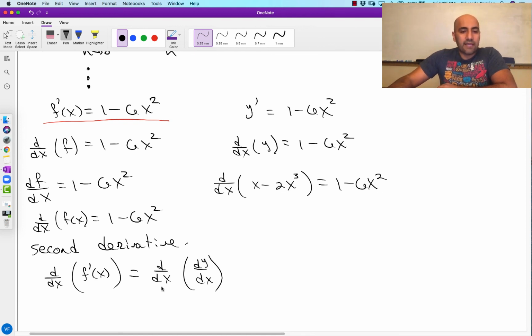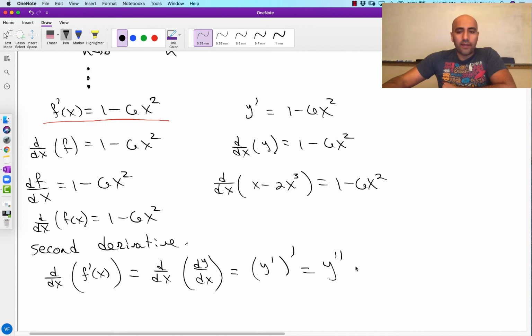That's another way of saying take the derivative of the derivative. We can also use these little tick mark things. So I could say that it is y prime prime, or I could say y double prime, like that. Same thing. These are all ways of saying take the second derivative.